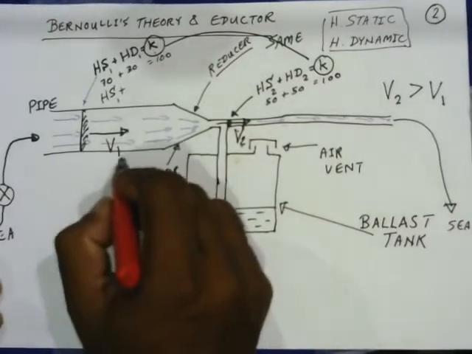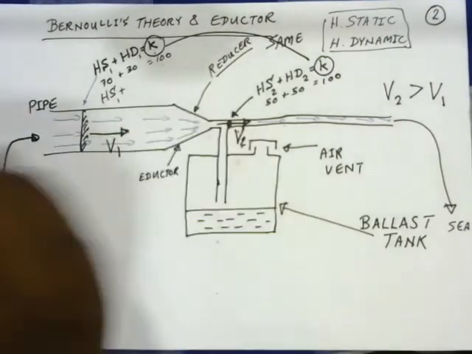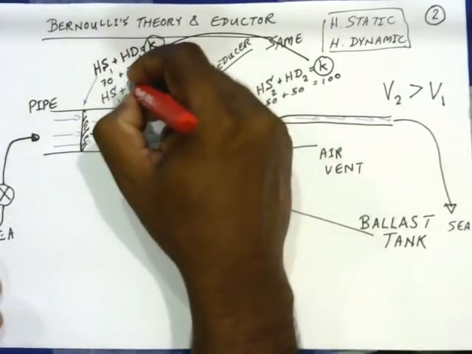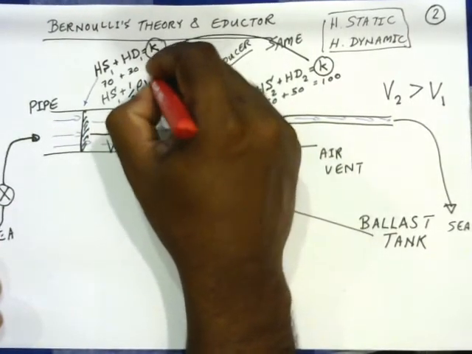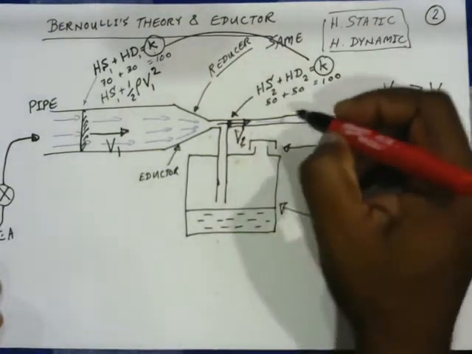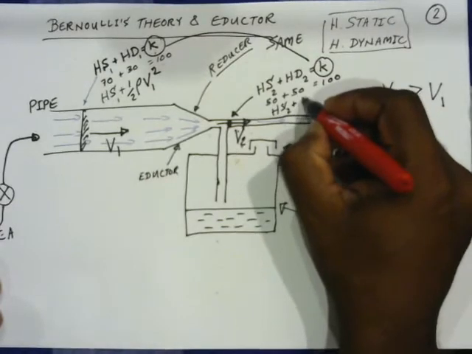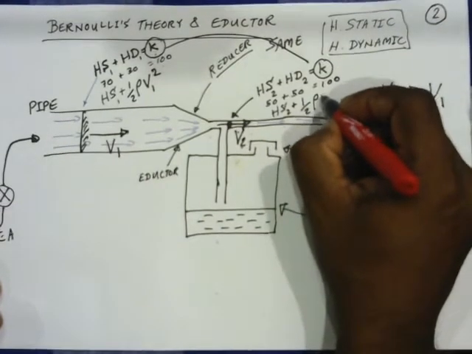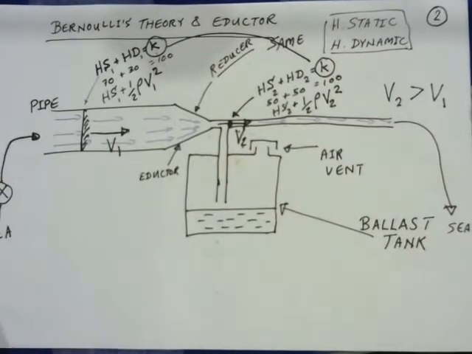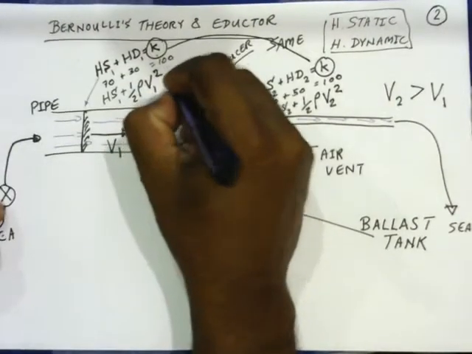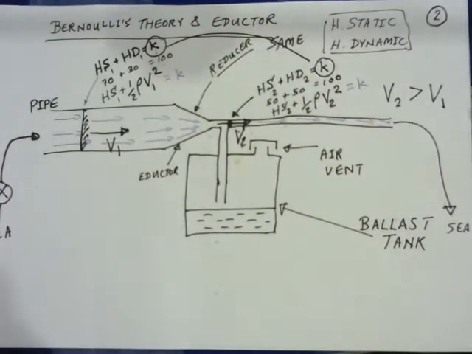Now, you know from the previous lecture that hydrodynamic pressure can be given as half rho v1 squared. In this case, hydrodynamic pressure can be given as half rho v2 squared. But it should equal the same constant. The constant cannot be changed.